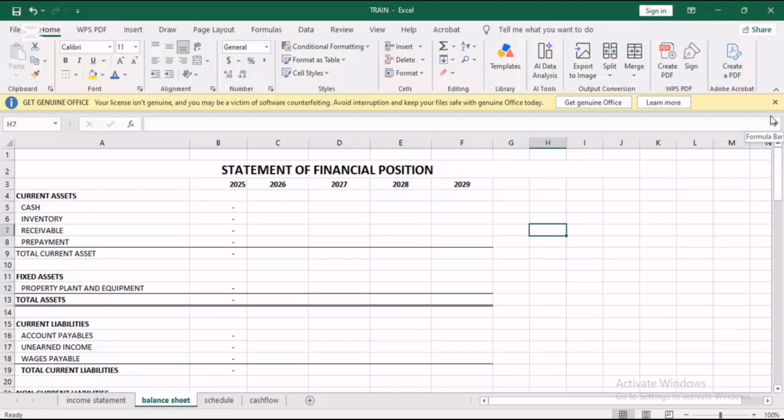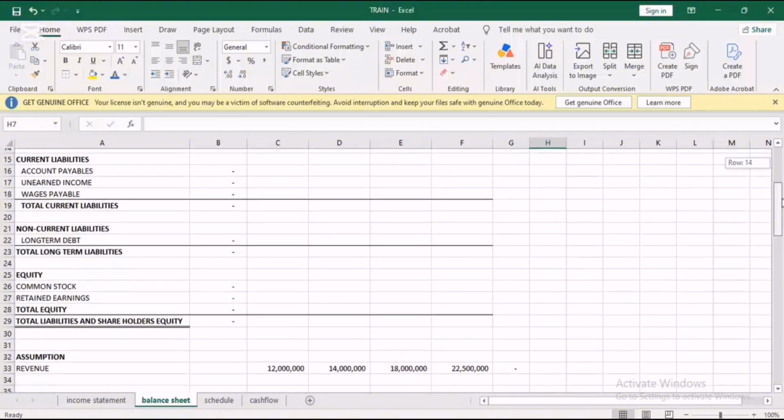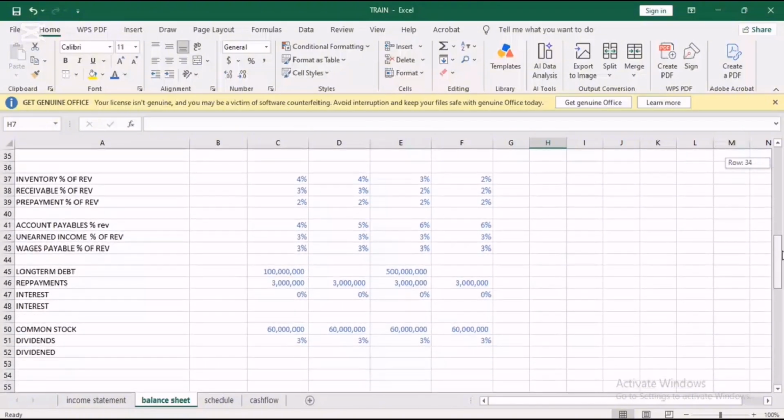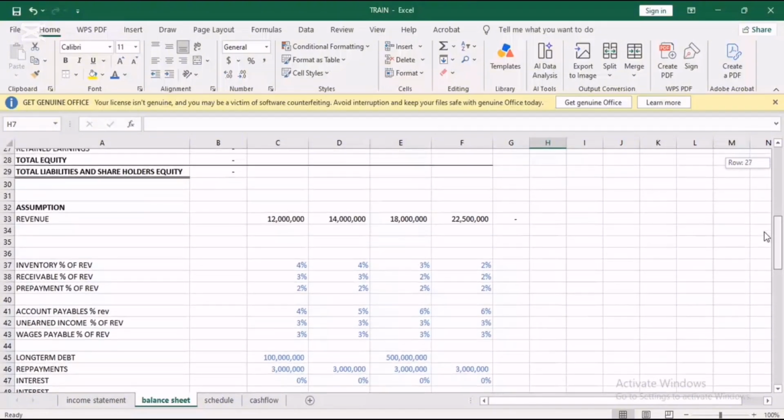So right up here is the statement of financial position schedule, right? So now let's get into it and make the forecast. So how do we do this? So as you can see, these are all items of the statement of financial position. But what's important is that we are producing the figures by the assumption we've made, right?